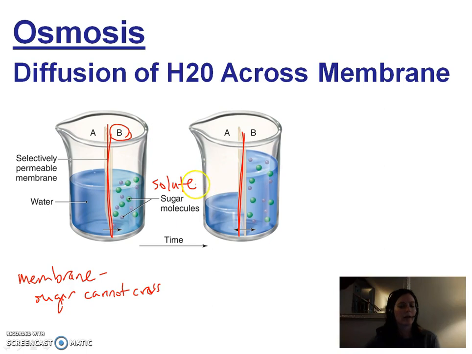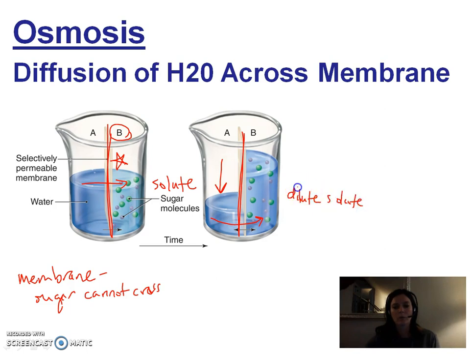But remember, we said that water can always move through whenever it wants to, how often, how much. Water can always move. Now, where is the high solute in this example? Well, the high solute is over here. That's where the sugar is. And because water always moves towards the high solute, you can see that the water moves into side B. And because all of the solute is stuck on side B and nothing comes over, you actually see a drop in the volume of side A as the water utilizes osmosis to travel over to side B and dilute the solute.